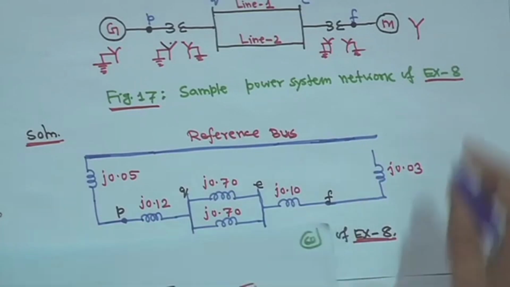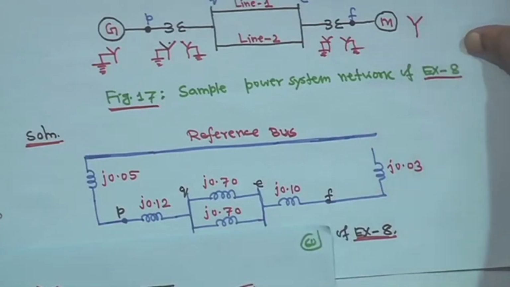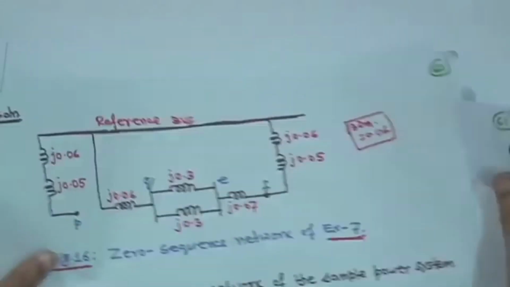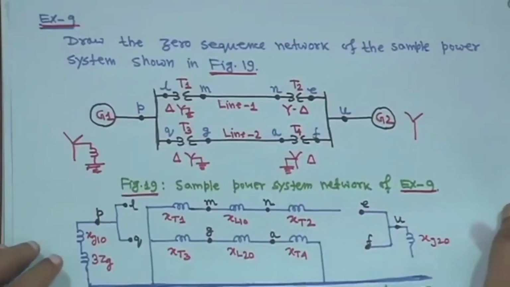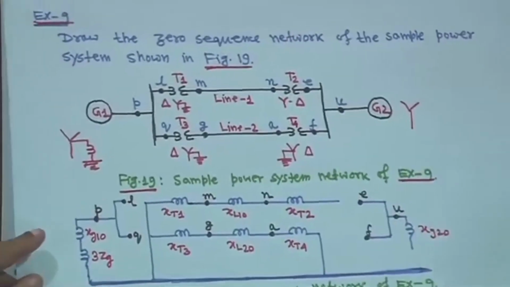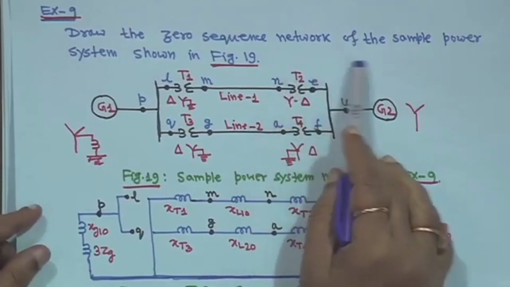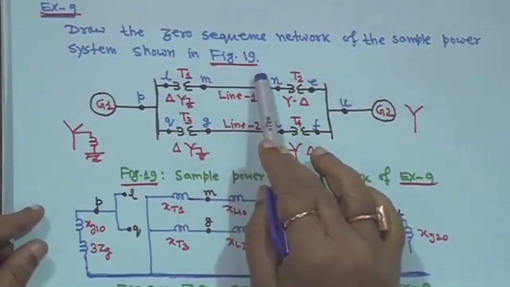So I have shown you all the versions, and this looks like the last one, another version. Draw the zero sequence network of the sample power system shown in figure 19.